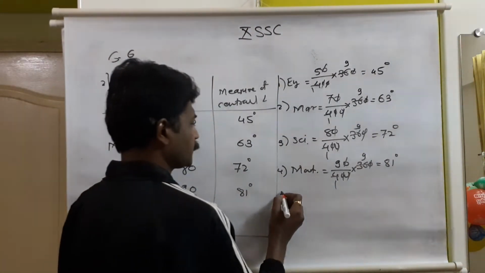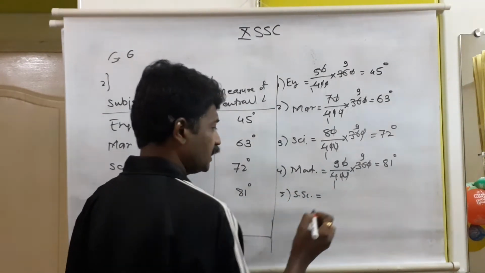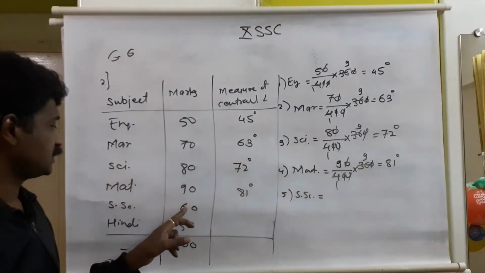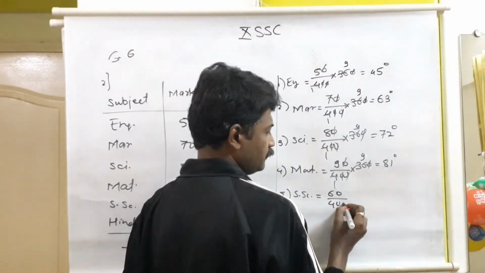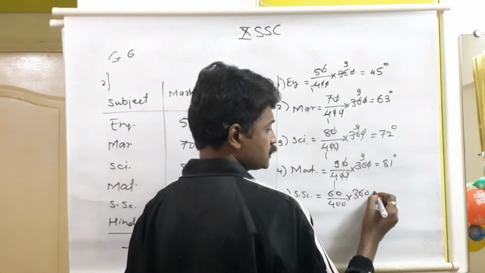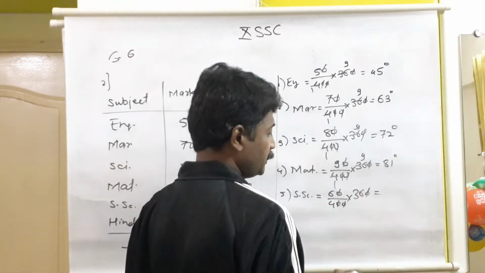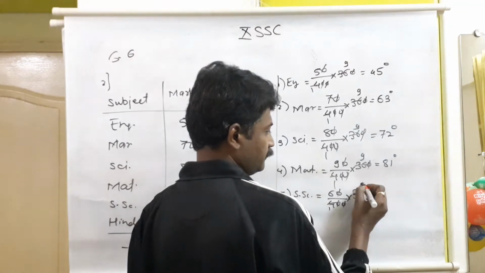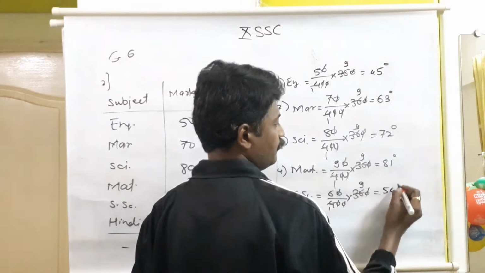Social science or social studies: marks scored by him are 60 marks out of 400. 60 marks out of 400, then out of 360, how much degree? 2 zeros will get cancelled with the denominator's 2 zeros, 4 ones are 4, 9 sixes are 54.